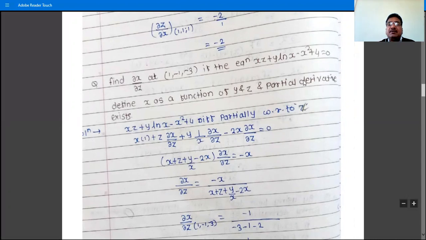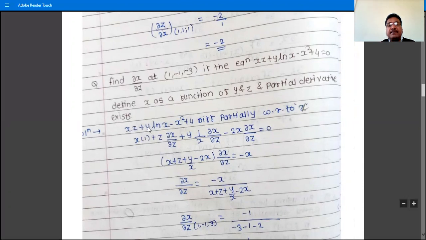So the derivative of z with respect to z is 1. Here x is a function of y and z, so x is not constant and z is not constant. So we have x times 1 plus z times the derivative of x, which is ∂x/∂z, because x is a function of y and z.